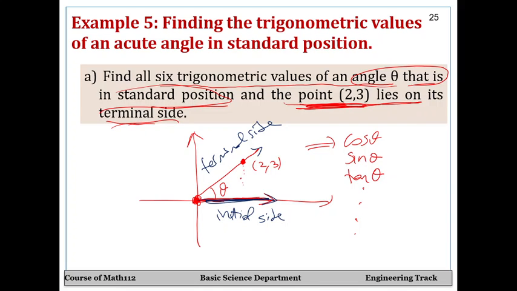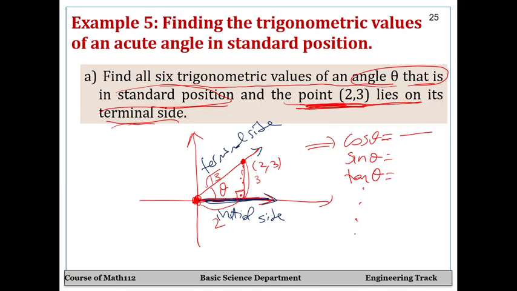You can form the triangle here. This corresponds to 3, and this corresponds to 2, and then the hypotenuse is square root 13. And then we can use the adjacent side, the opposite side and the hypotenuse to find the trigonometric values.